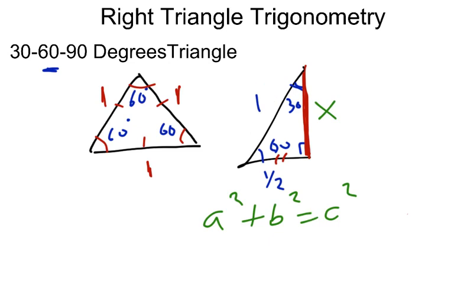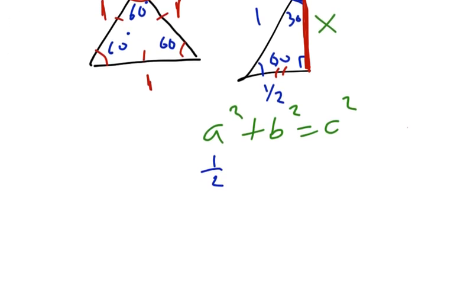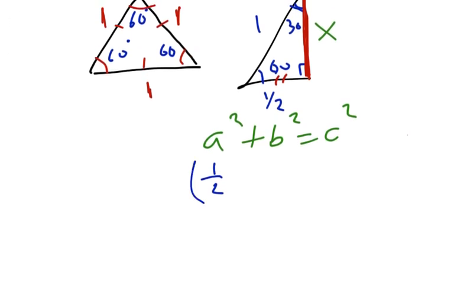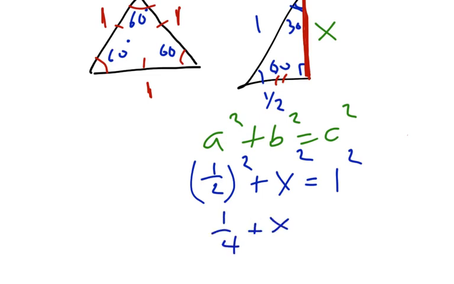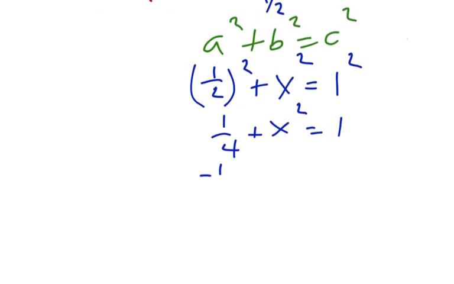So the other side is 1/2. So (1/2) squared plus x squared equals my hypotenuse, which is 1, squared. So it's 1/4 plus x squared equals 1, so x squared equals 1 minus 1/4, which is 3/4.